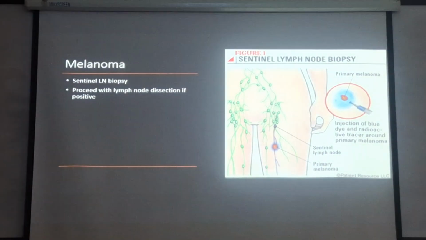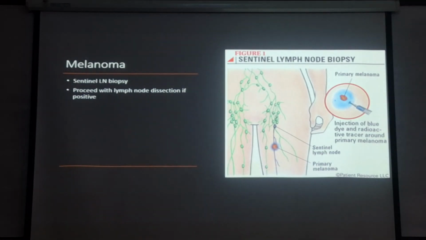Sentinel lymph node biopsy is a technique wherein we identify the sentinel lymph node in patients with melanomas or lower extremity malignancies to check if they have already invaded the lymph nodes. Usually the lymph nodes to be dissected are at the inguinal areas. A blue dye with a radioactive agent is injected at the tumor, and then you check with a Geiger counter the area which lights up.